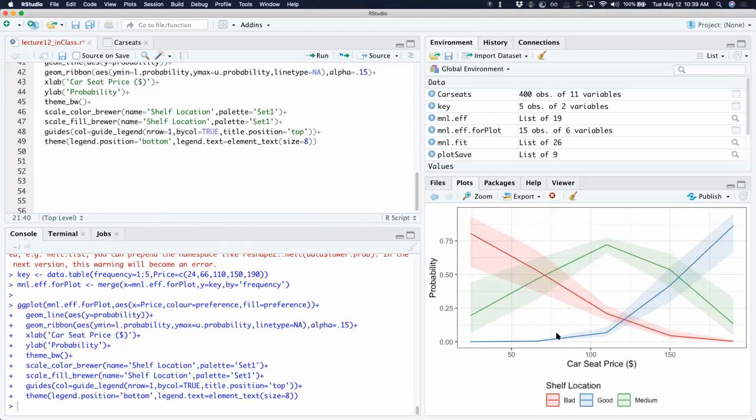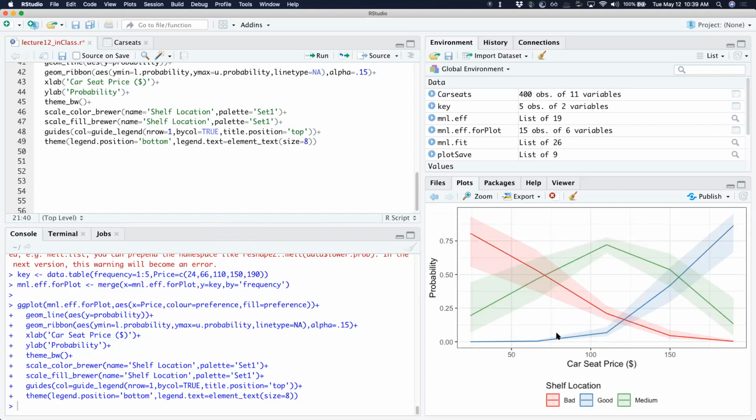The default is that it holds the variables that you're not varying at their average value. So just keep that in mind. But the way that we interpret this graph is a lot easier to understand than the interpretation of the coefficients.